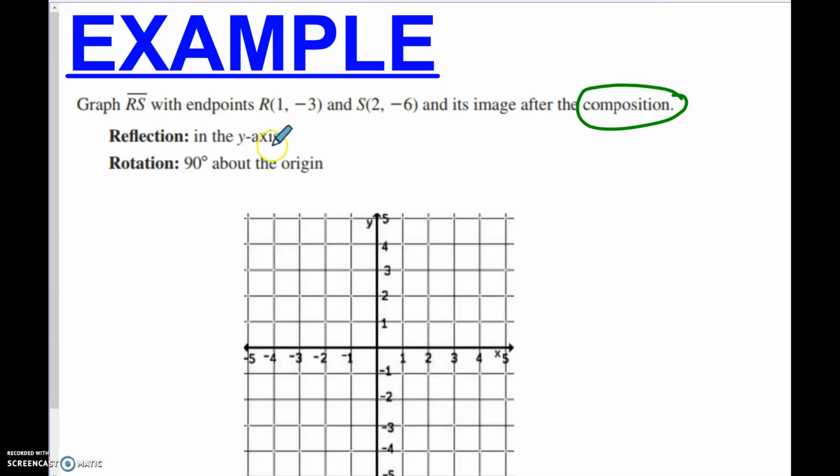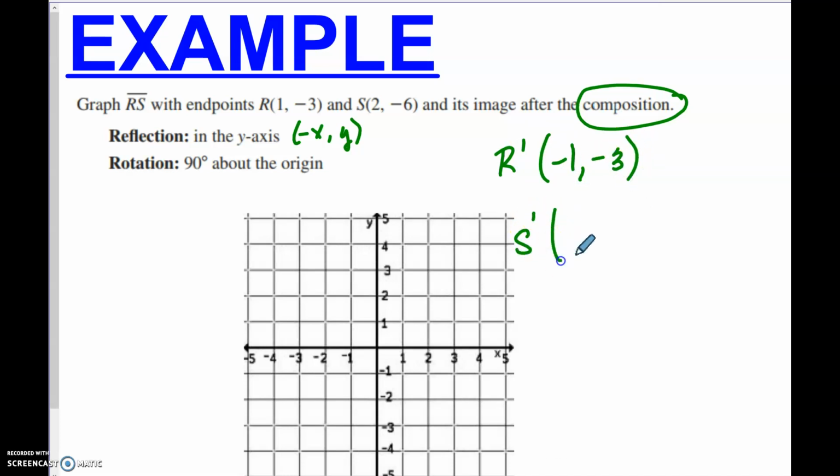And remember from yesterday, we did a reflection over the y-axis. The y stayed the same and x changed. So x is going to change signs and y stays the same. So R prime is going to be -1 and y stays the same.